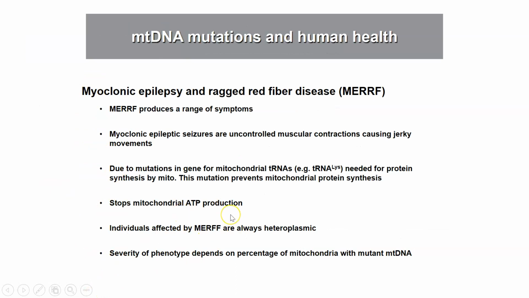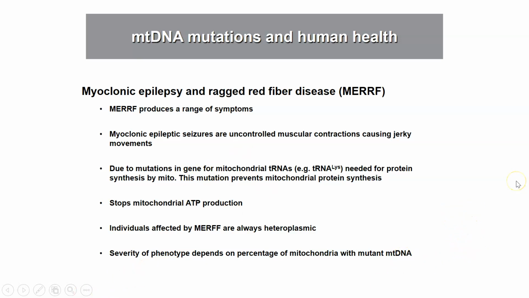All right, let's look at the other mitochondrial disease that I mentioned, and this is myoclonic epilepsy and ragged red fiber disease, and I'll call it MERRF. MERRF produces a range of symptoms. The myoclonic epilepsy involves epileptic seizures with uncontrolled muscular contractions and jerking movements.